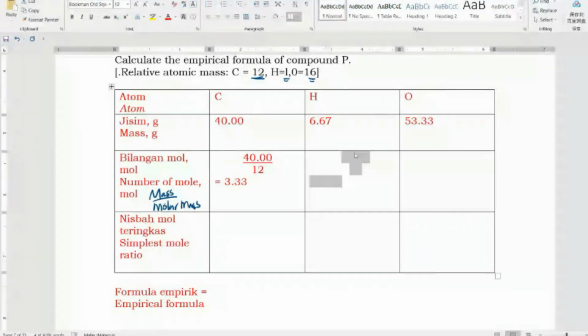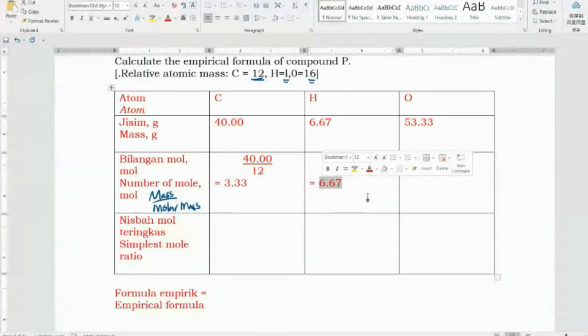How about Trinity, what is your answer? 6.67 mole. No, Adrian, the mass is 6.67. Molar mass for hydrogen is 1. So your answer, the mole should be 6.67. Okay, Adrian?